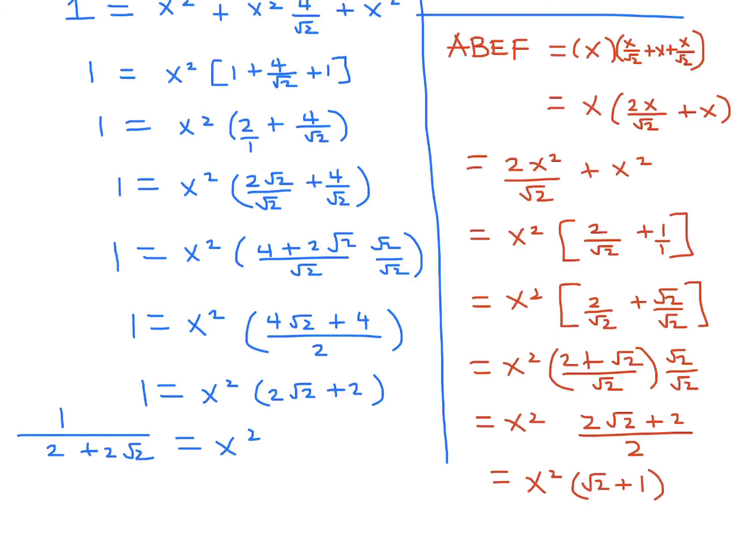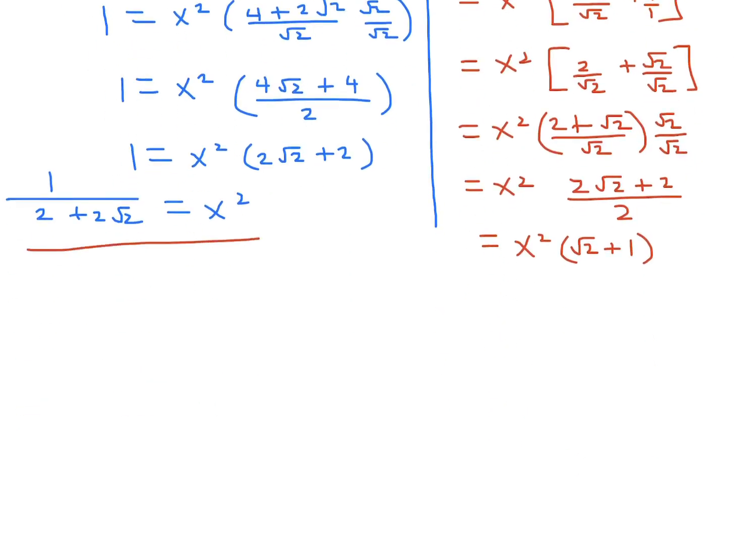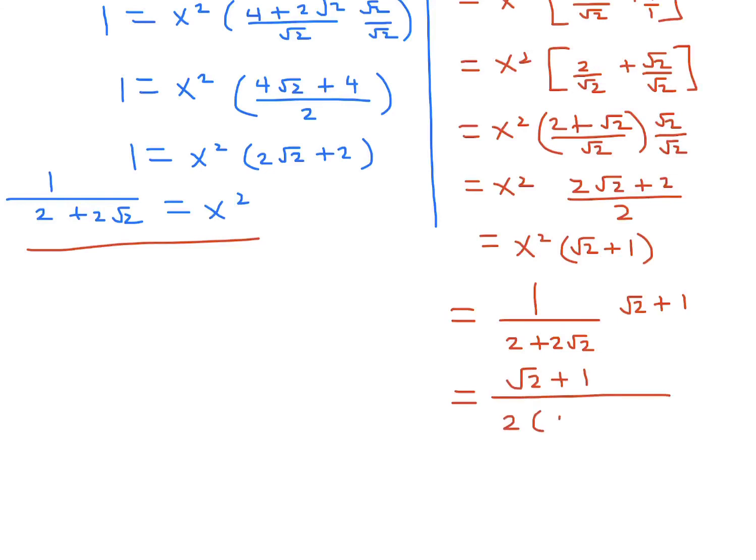There you go. And then x squared is right here. So that becomes 1 over 2 plus 2 root 2 times root 2 plus 1, like that. And on the denominator, if you factor out a 2, you'll get 1 plus root 2. And look at that. The numerator and the denominator have things that can cancel.